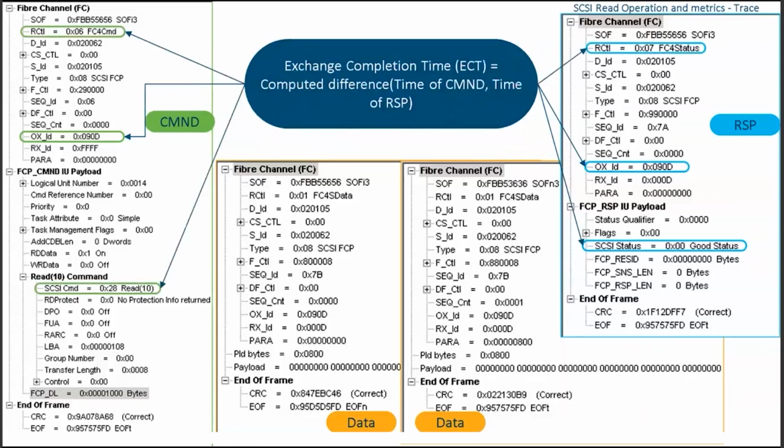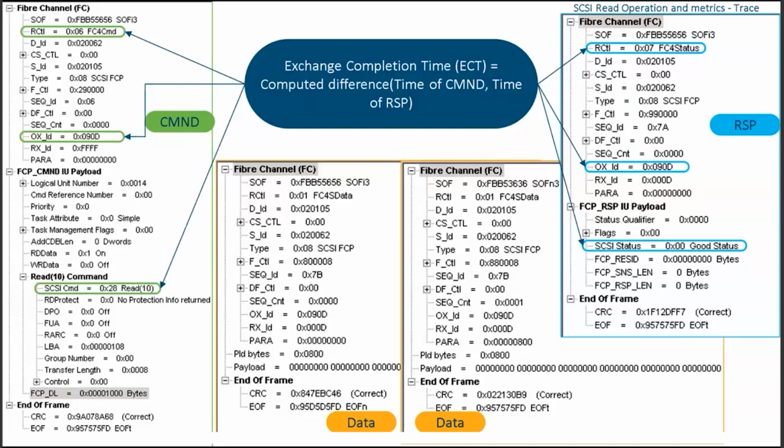All right, how do we calculate the ECT? Notice that some of the metrics are actually sitting within the header, so we just pick the value from the header. For example, the type of transaction is in the header as 0x28, which tells me it's a read transaction.